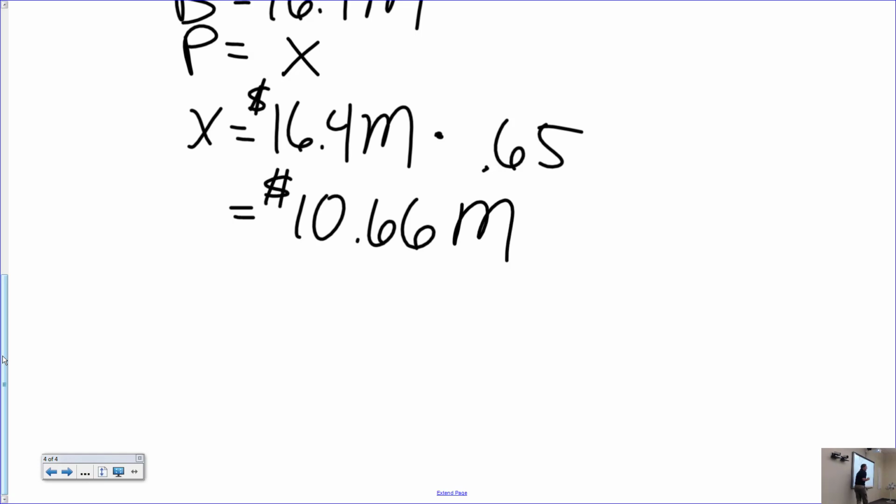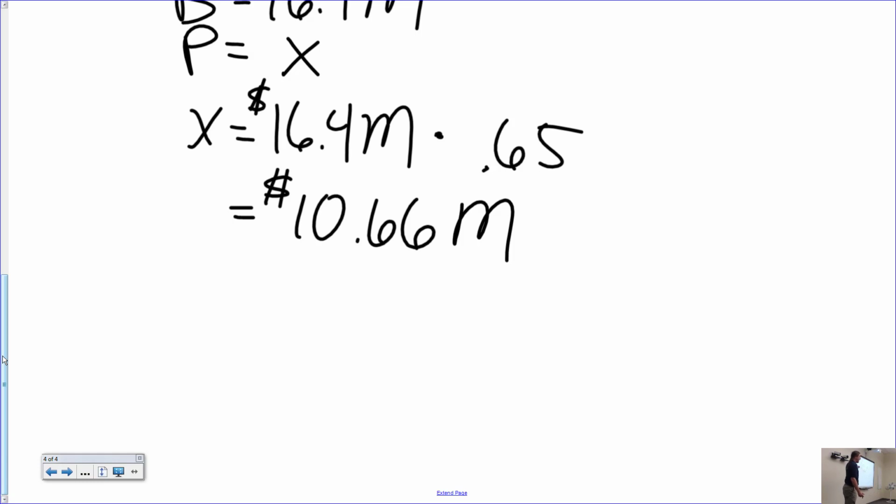That is a perfectly good answer to this problem as long as you write the capital M. If you do not write the capital M after it, and just say it's $10.66, that's obviously silly, right? And I will obviously mark it wrong, okay?